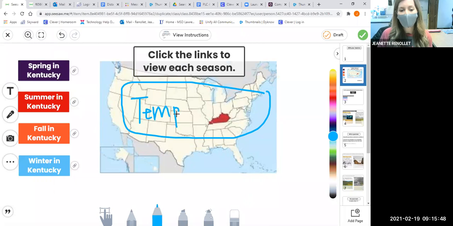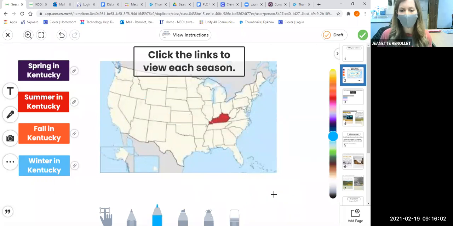We have looked at maps before that explain this to us. Most of our country is a temperate climate. Today, we're going to look at a place called Kentucky. You can see it in red on the map.